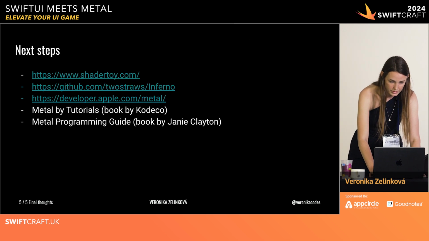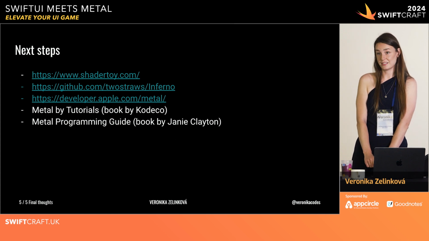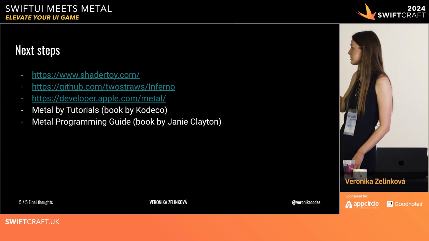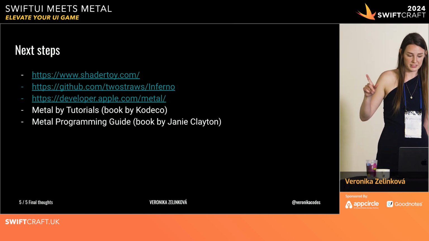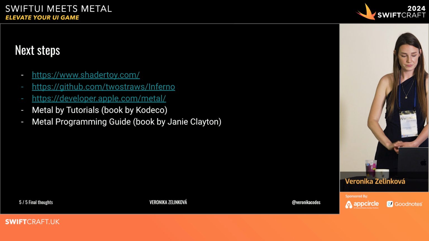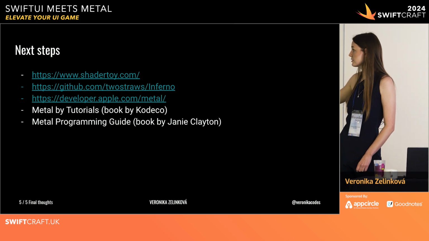So the next steps, if you want to learn a little bit more about Metal, I would recommend Metal by Tutorials, which is a book from Kodeco, or the Metal Programming Guide by Jenny Clayton. There's also a link to the Metal documentation.